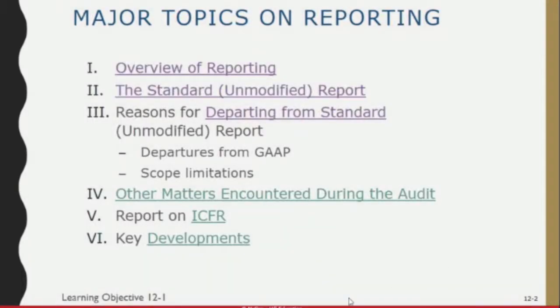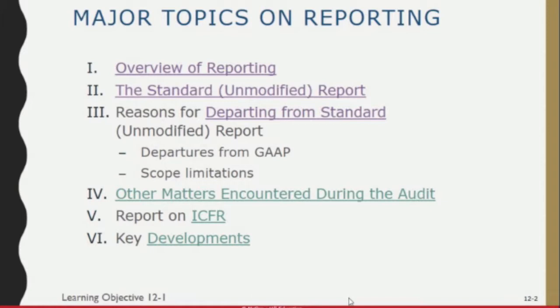All right, so those are the two that we're going to talk about. Those are the two modifications that require modifications to the audit opinion, and the addition of an explanatory, additional paragraph prior to the opinion.